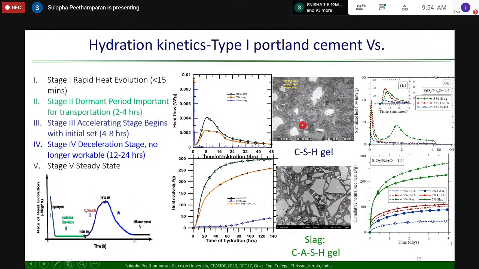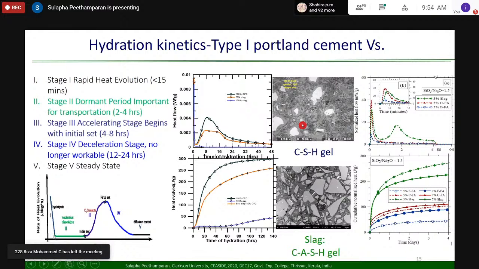Once I collect that heat, I can compare it to the heat evolution from a typical Portland cement, which I am going to call OPC, ordinary Portland cement. When you mix water and cement, you see a very large heat evolution initially for a few minutes, about 15 minutes.